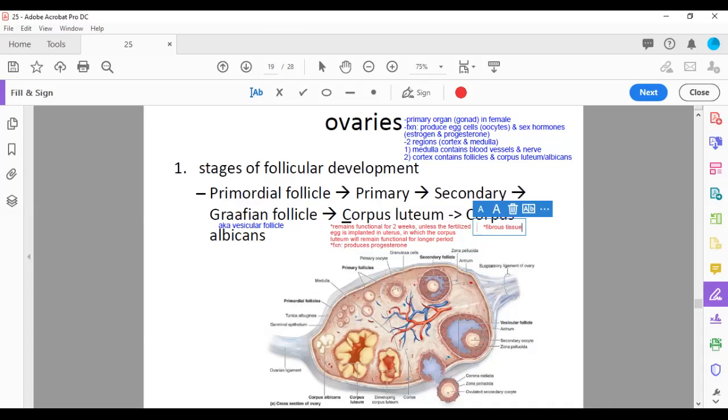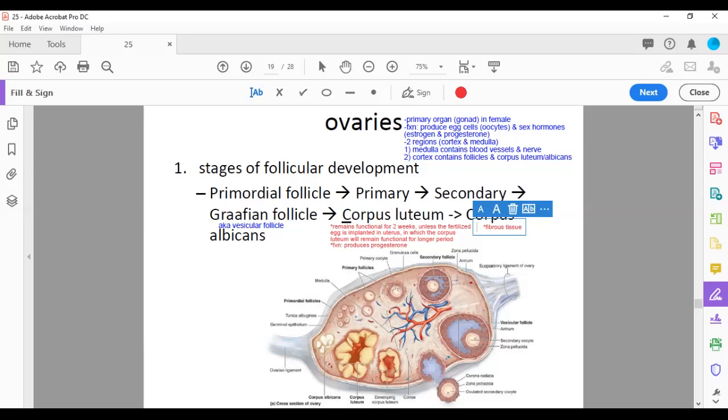So you can see the development of the follicles. The primordial follicles are abundant. Only a few of them become primary follicles.